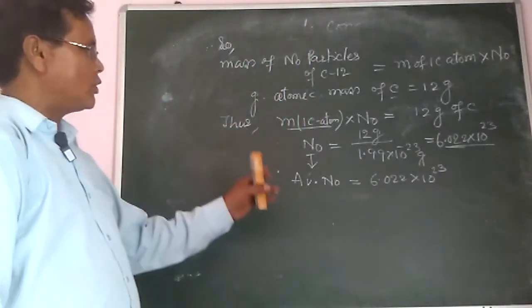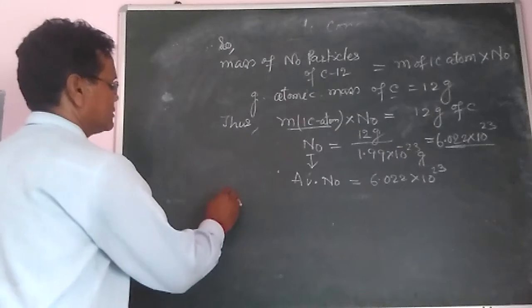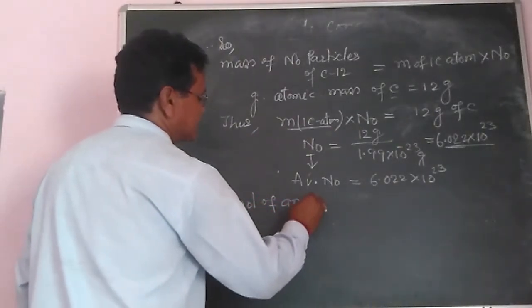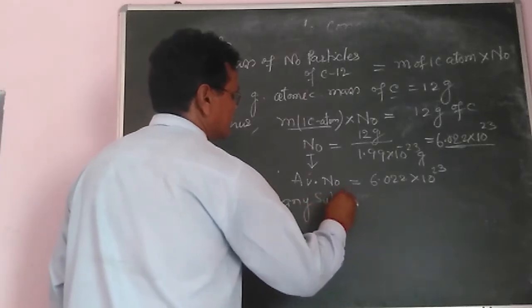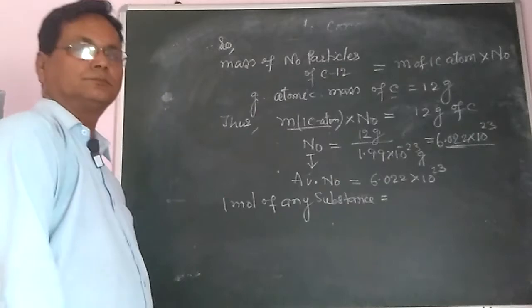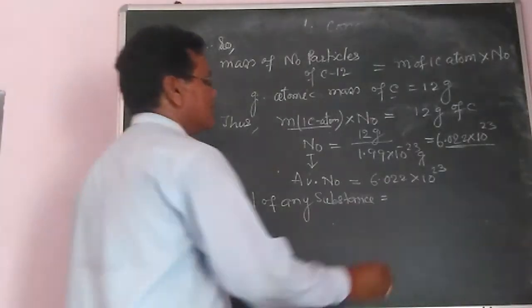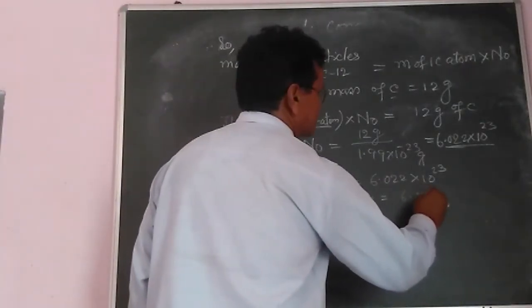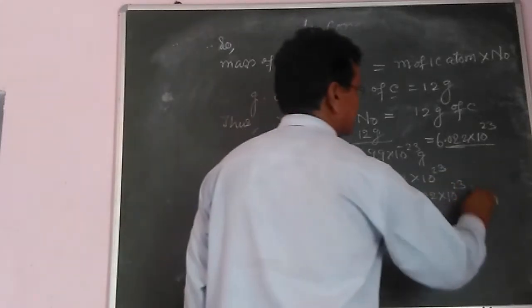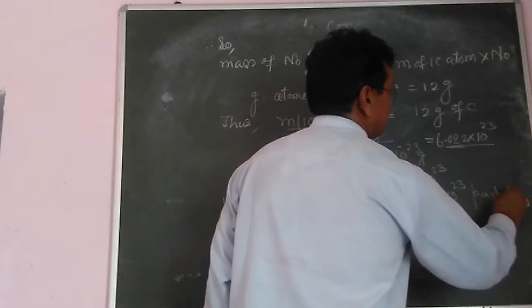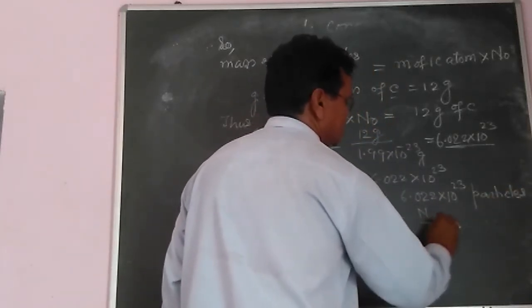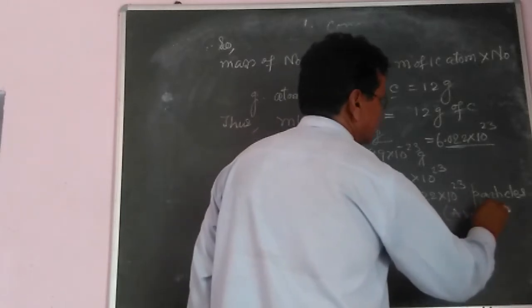It means 1 mole of any substance will consist of 6.022 into 10 to the power 23 particles. That is also called N0 or Avogadro's number.